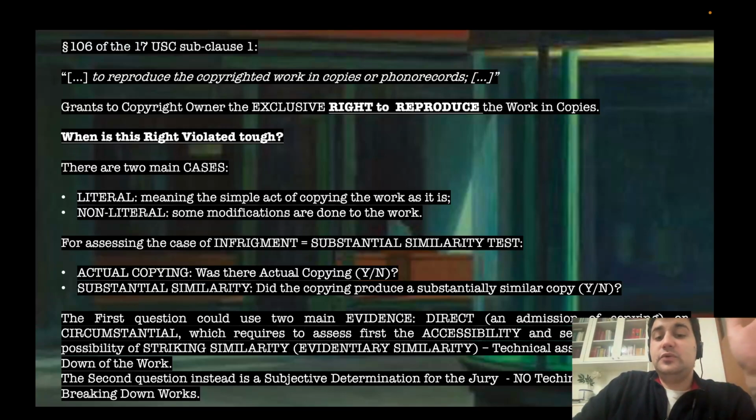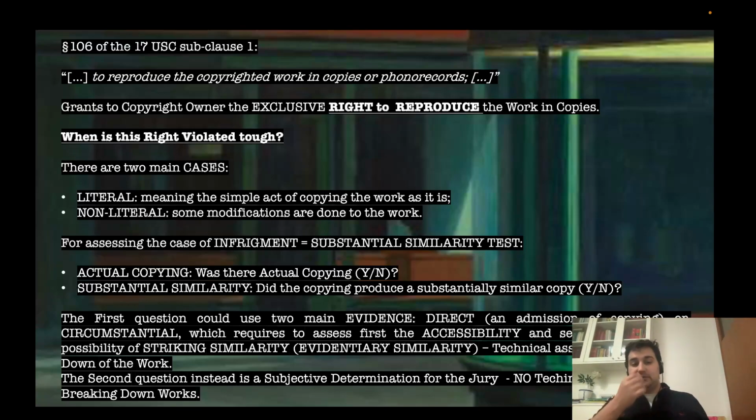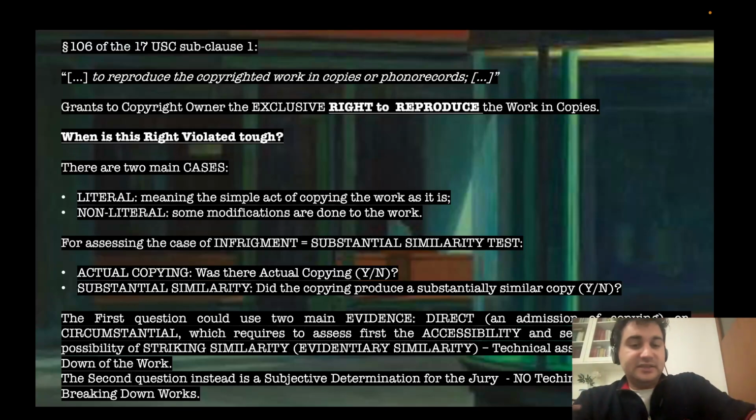The first question could use two main types of evidence. One is direct, so an admission of copying, or circumstantial, that means it is inferred by two main prongs. One is the accessibility of the copyrighted work by the infringer, and secondly, the striking similarity, called evidentiary similarity by the court.